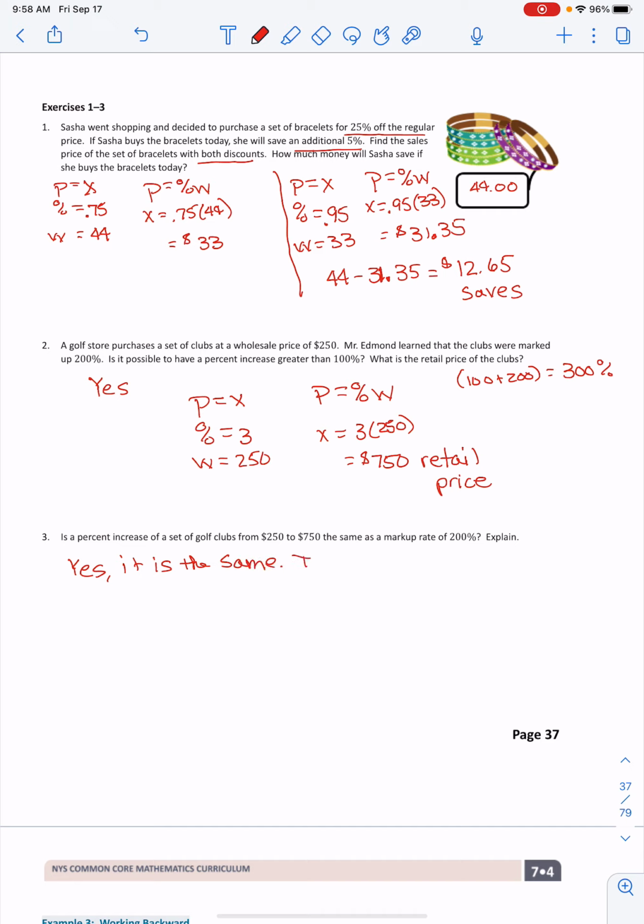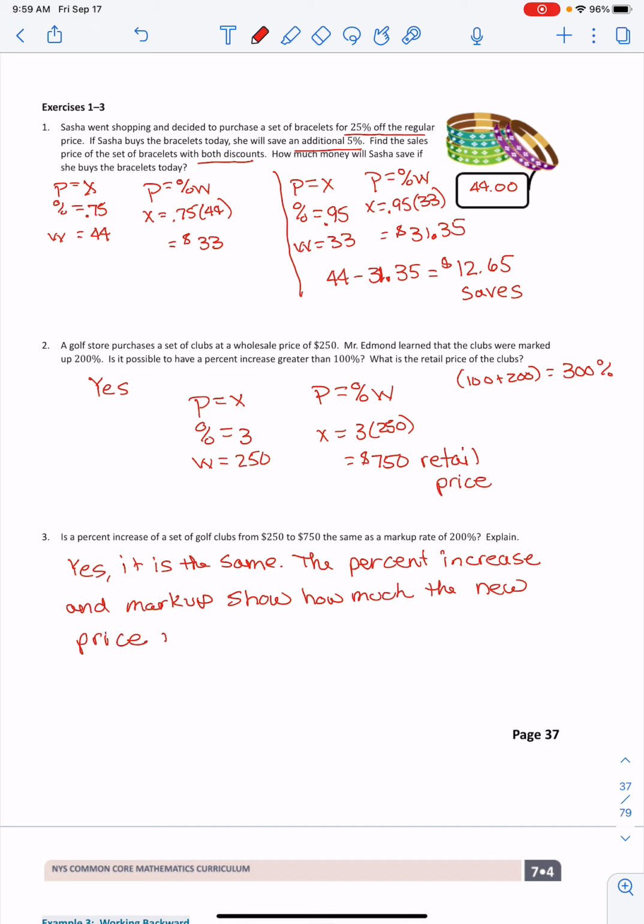The percent increase and markup show how much the new price is over the original price.